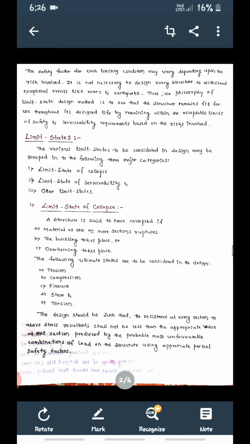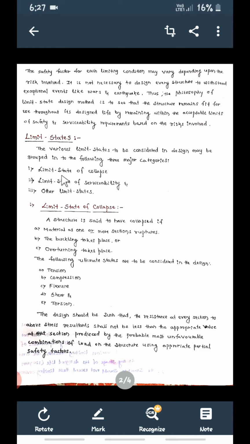When we are using the limit state method, there will be different limit states we are going to consider. This limit state will be further classified into different limit states. The various limit states to be considered in the design may be classified as follows.